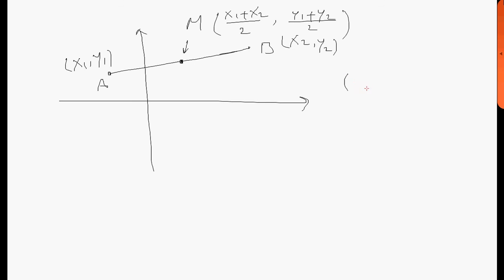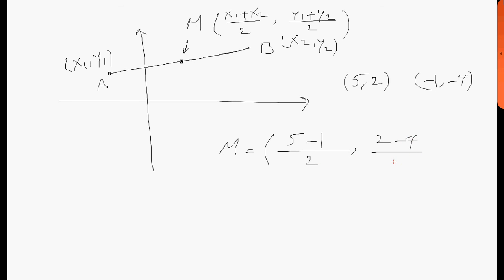For example, consider the points (5, 2) and (-1, -4). The midpoint between these 2 points, let's call it M, is (5 minus 1) over 2 and (2 minus 4) over 2.